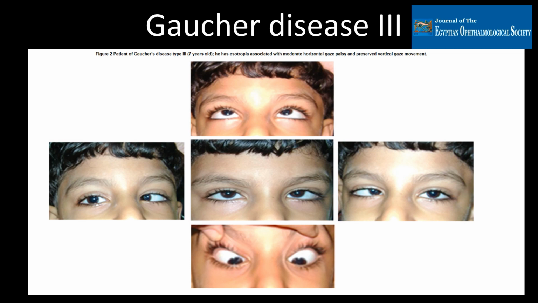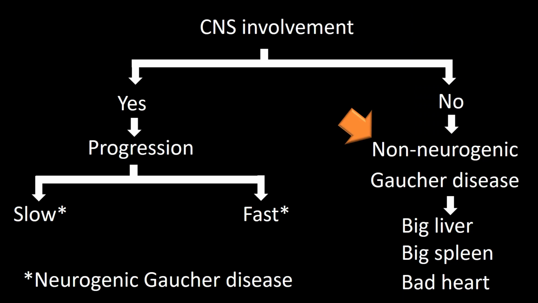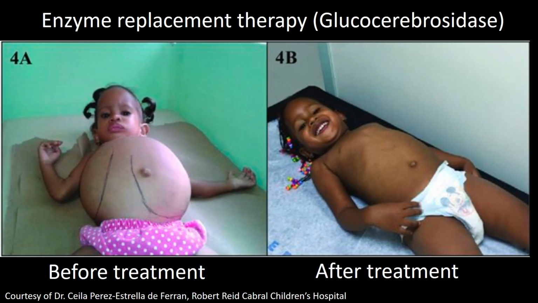Acid phosphatase in serum may be increased in all patients with Gaucher disease, and it may be useful in questionable cases to obtain it when there's a significant degree of suspicion. Non-neurological Gaucher also exists. It courses with a large liver, large spleen, and a large heart. This is an important disease to consider because it's treatable.